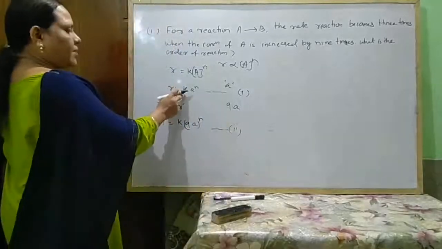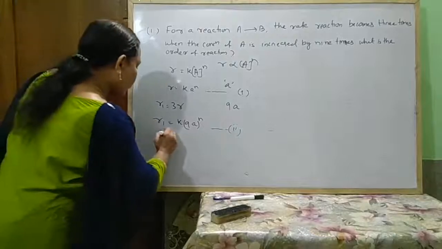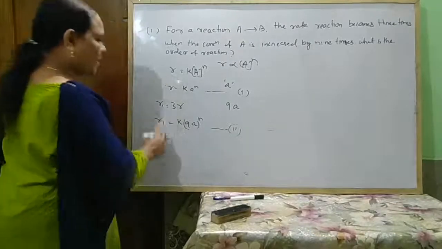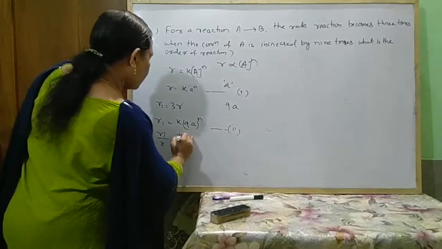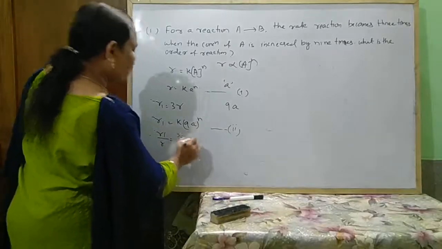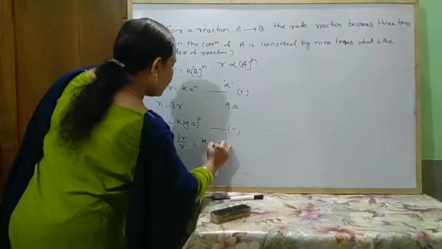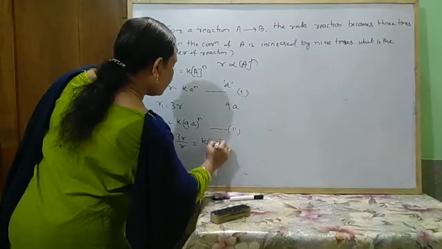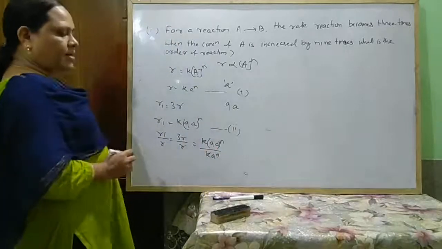So R equal to K A to the power N. So dividing R1 by R, that is 3R by R equal to K (9A) to the power N divided by K A to the power N.